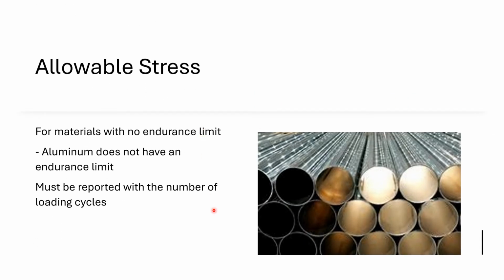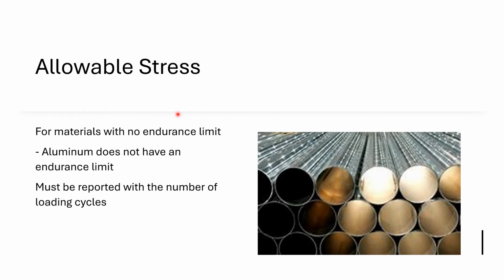Allowable stress, something that you have to know, and that's for materials. We have two different kinds of materials: one with the endurance limit, and the other one without it. For materials without the endurance limit, for example aluminum, which doesn't have an endurance limit, you've got to report the allowable stress, and you've got to do it with the number of loading cycles.